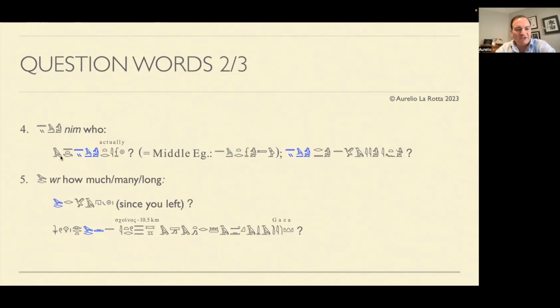So nim, in tok nim ter. So who are you? Like, actually, who are you? Who are you really? Something like that. You, who, and then this is some kind of reinforcing particle. Also exists in Middle Egyptian. Alan has this very same sentence as nim ter tu or chu, the Middle Egyptian variant. So different pronoun.